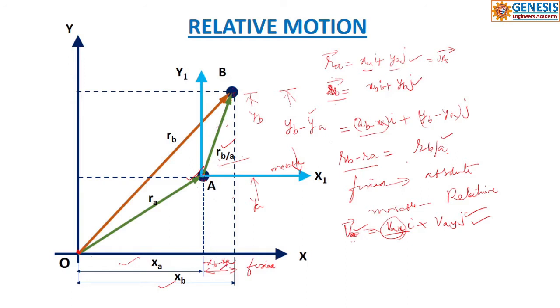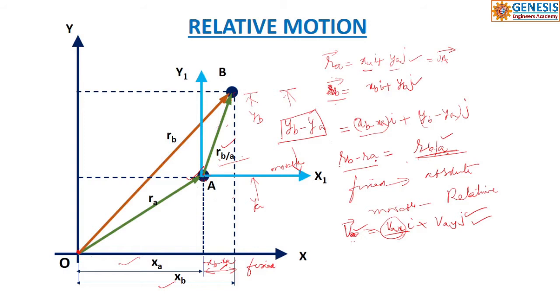I hope you understood this one. So with reference to somebody, only then do the relative terms come in. So RBA, the position vector of B with respect to A, is nothing but RB minus RA.